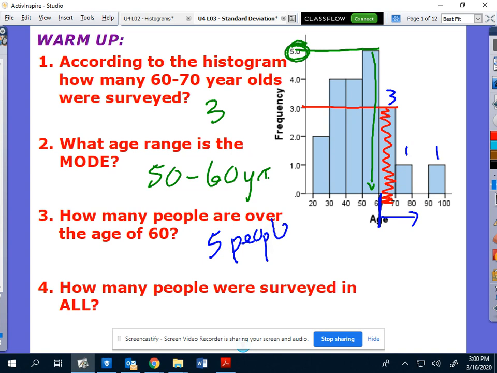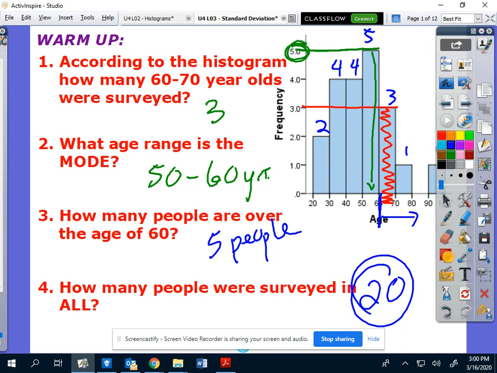We have a total of 5 people that were over the age of 60. And then last but not least, like we did in the last lesson, how many people were surveyed in all? Well, we know it's those 5 people plus 5 more, that's 10, plus 4, that's 14, plus 2, that's 20 people altogether. So a good little recap there of histograms.